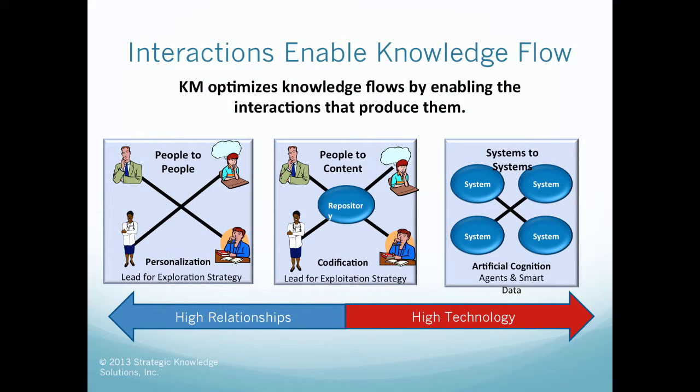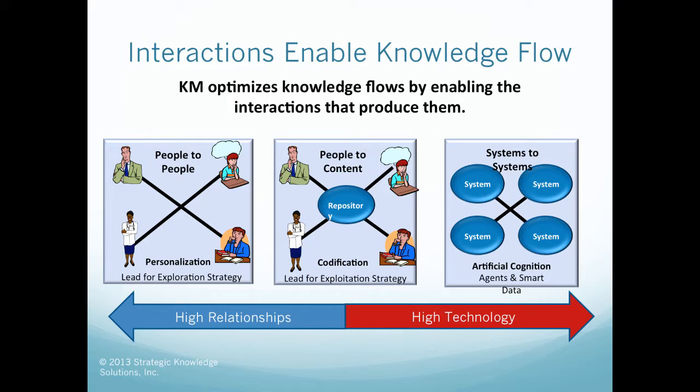Having people connect to the content wherever it is, first you have to know where it is. Second, you have to have access to it. Third, you've got to know what you're looking for. So you've got to think about what are the things that we have to put in place to make sure people can get to the content that they need to do their everyday business. And lastly, the system-to-system piece again. That's very technology-centric.